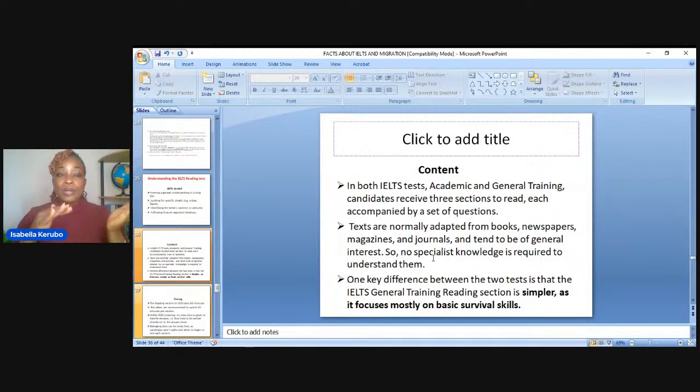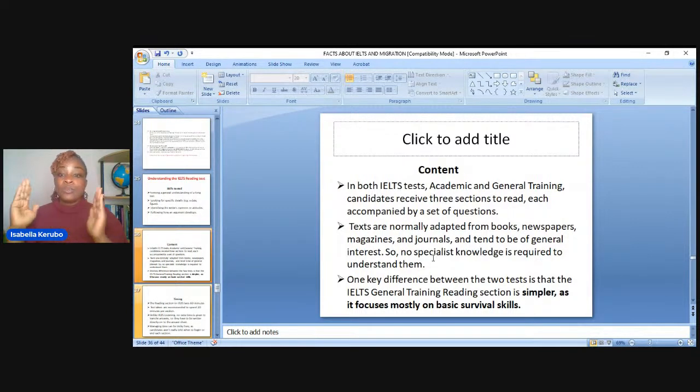Like I mentioned in one of my videos, the reading test is one of the tests that come differently depending on whether you are doing general training IELTS or academics. So those who are doing IELTS academic, they do a different paper or test. And those who are doing general training, they do a totally different test.